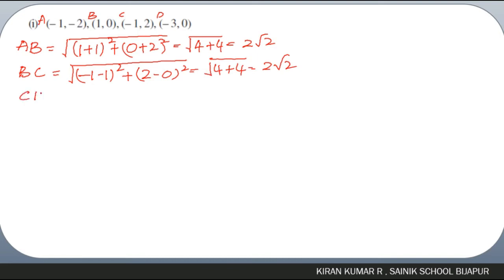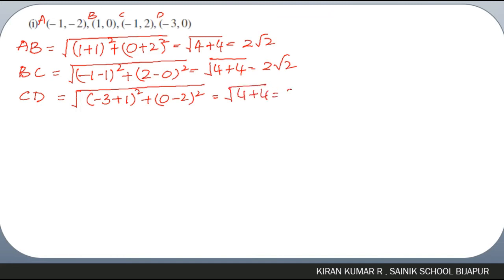Let's find the length of CD. CD will be equal to root negative 3 minus of minus is positive 1 square plus 0 minus 2 whole square, which is root 4 plus 4, which is 2 root 2.